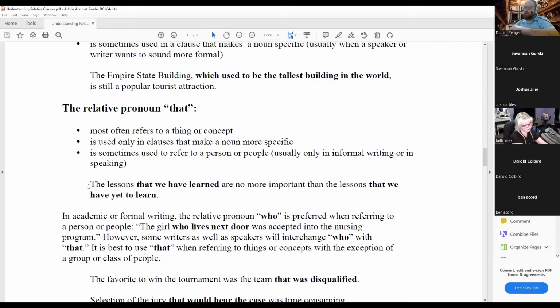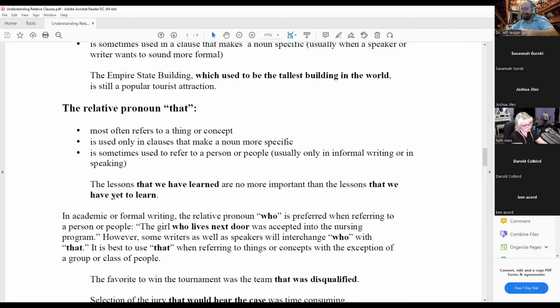If you use the relative pronoun that, that shows that the information in the sentence can't be removed and still make sense. The lessons that we have learned are no more important than the lessons that we have yet to learn. If you cut out both of those phrases that start with that, the sentence reads, the lessons are no more important than the lessons.